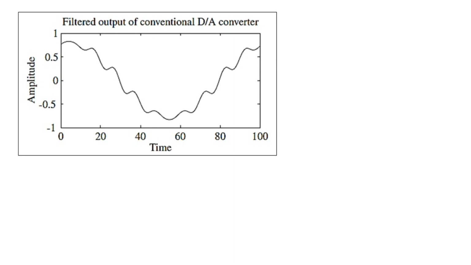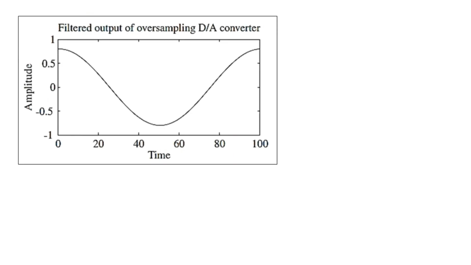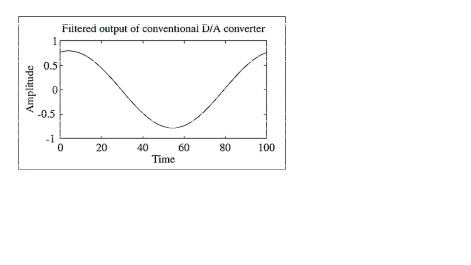You can make the comparison; the oversampling D2A converter is giving us a very good result. And if the conventional D2A converter is employed with a sharp cutoff low pass filter, the corresponding filtered output signals can be illustrated here. So we obtain a very good curvature with this approach.